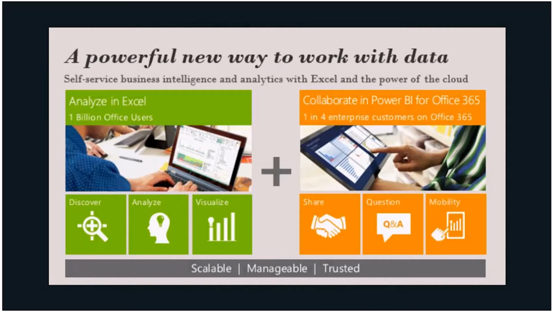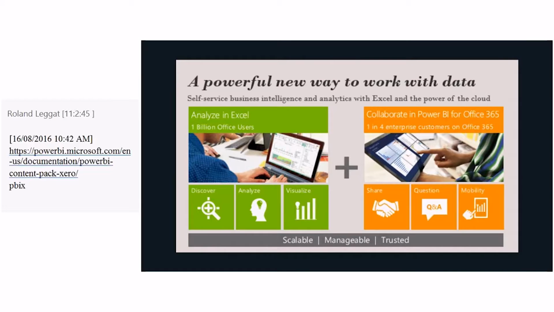So you'll see this new file extension that we're going to start getting, .pbix, which is a Power BI file. So we're going to take Excel data, discover, analyze, visualize that, and then share it in Power BI, and hopefully that will expose some of the secrets that our data holds for us.